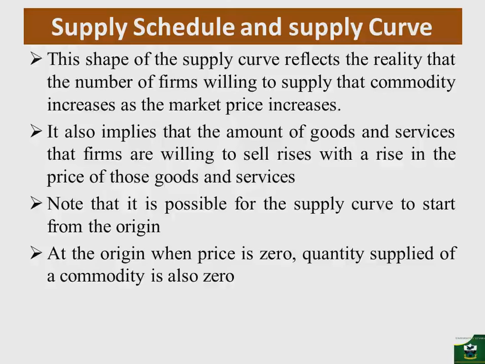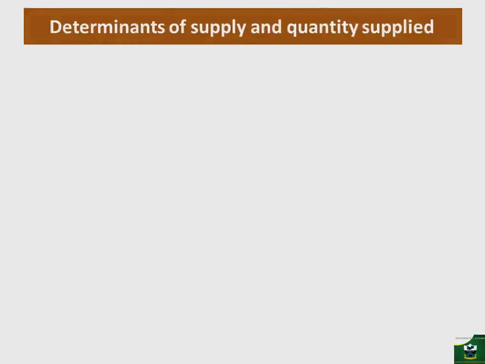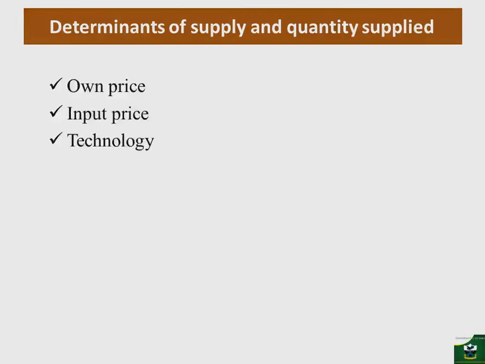Let's look at the determinants of supply and the quantity supplied. The first one being the own price of a given commodity, and then we have the input price. We also have the technology. So changes in technology will affect the supply of the product. Own price will only affect the quantity supplied. The rest of these factors that we are listing down will affect the supply in totality.